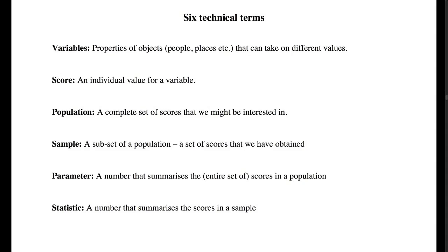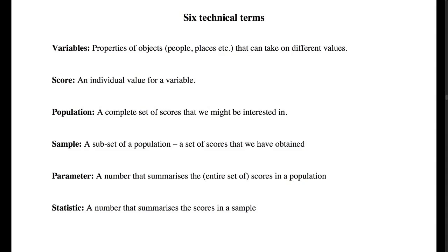So for instance, in the first study of ketchup preference, we didn't look at everybody in a particular age group in the entire country. We might be interested in principle in them, but the practicalities of our study mean that we just look at some people. And the scores for that subset of people, that's the sample of scores.